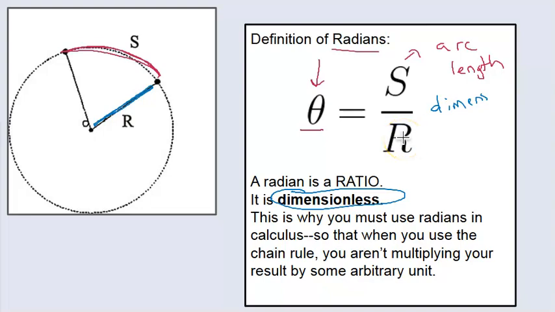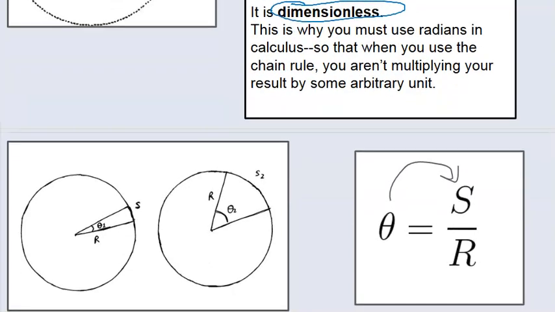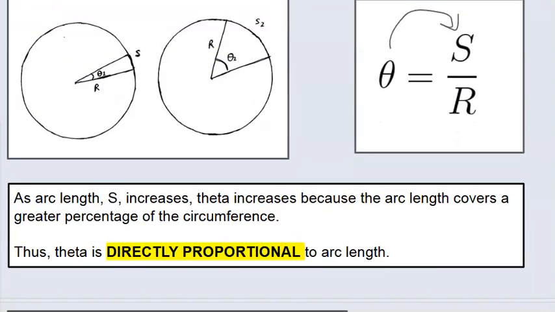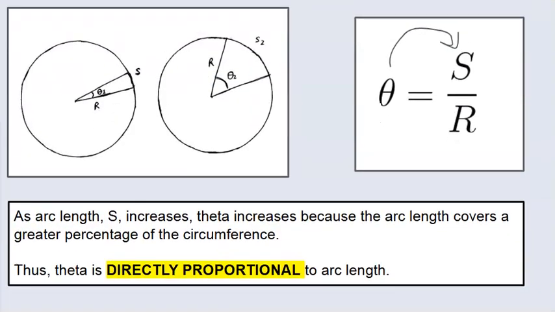Okay, let's make sure that makes sense, because you don't get this equation on the AP sheet. So what we're going to do is change each variable. Let's keep r the same. So I have two circles of the same radius. I'm going to have a tiny arc length s, and that results in a small theta.